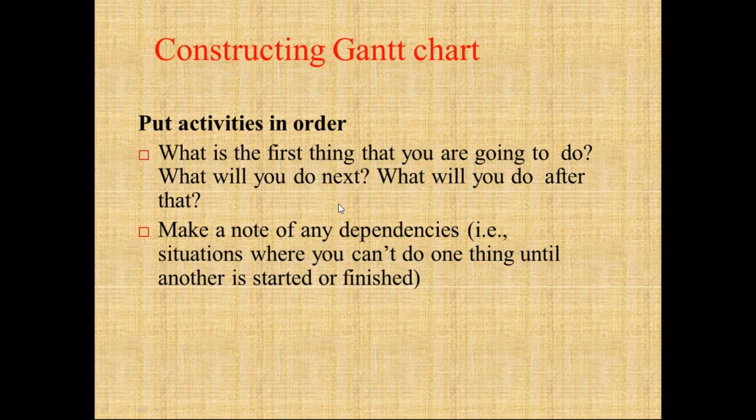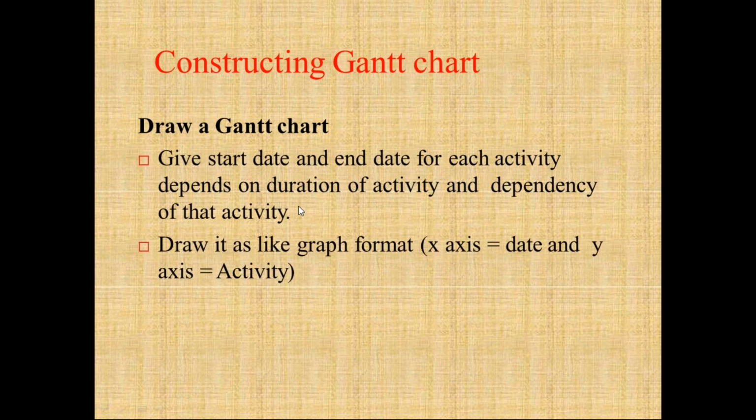We have to put this in order in this step. And the next step is to draw the Gantt chart. Give a start date and end date to each activity, depending upon the duration of the activity and the dependency of that activity. Draw it in a graph format.